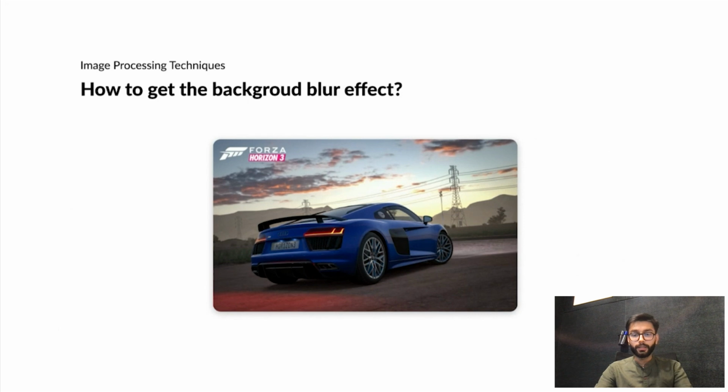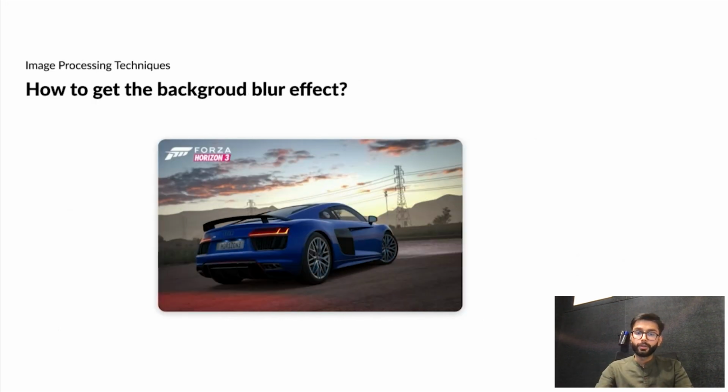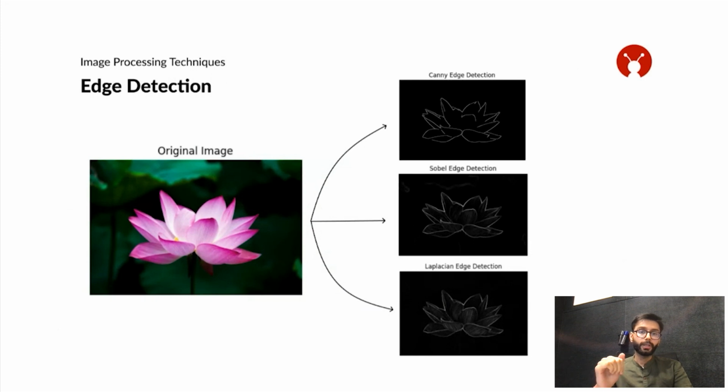When we accelerate our car, the background always gets blurred and the car always remains sharp, right? So how do we achieve that? Or when you click a picture from a DSLR, the background gets blurred, right? So how do we achieve that? For that, there are two techniques that we have to use.